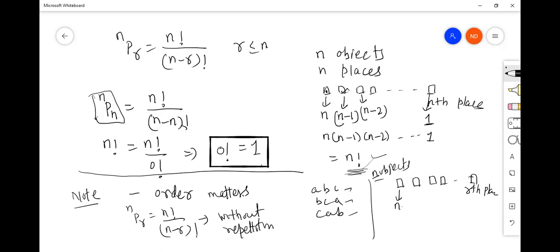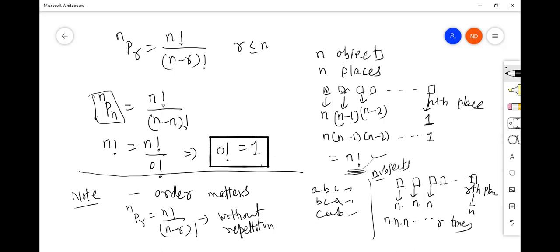Now things are repeated, so here also you can have n possibilities, and here also n possibilities, like this. The total number of arrangements will be n into n into n, r times.